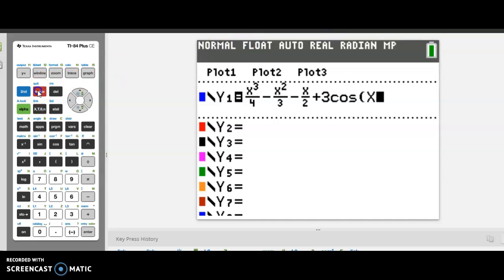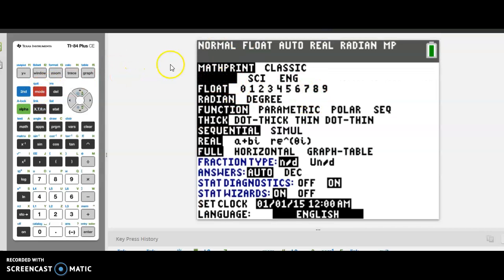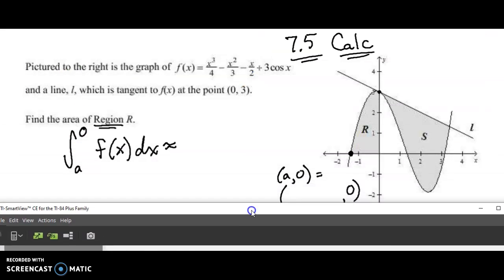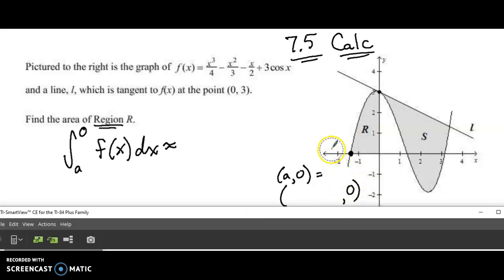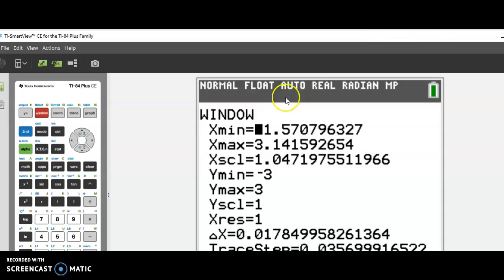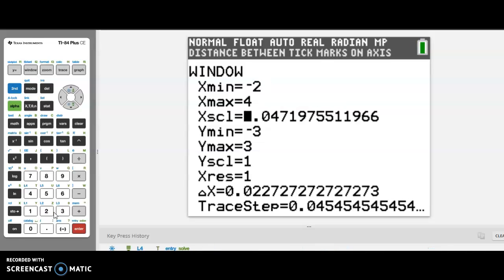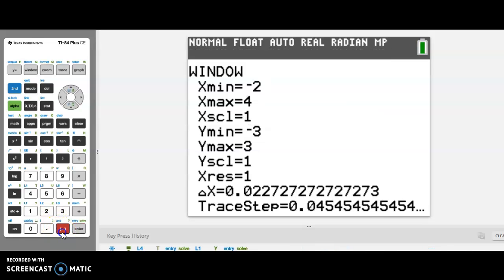Let me double check my mode is correct, because I do change it for other classes. Then I'm going to adjust my window, because I don't care that much about the entire graph. It looks like the x values go from -2 to 4, so make sure you hit the negative key, and then -2 to 4 for the y values as well.